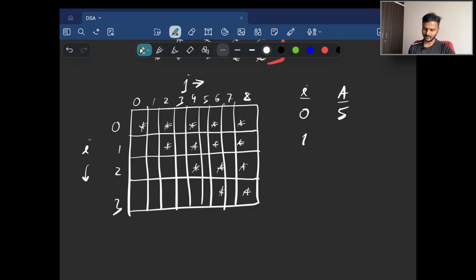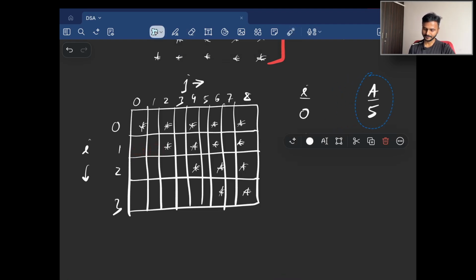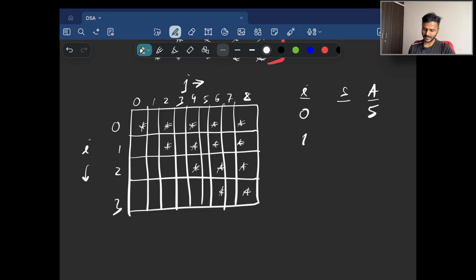Then when I is 1, we're first of all leaving some spaces, and then we are printing a few asterisks. So when I is 1, we are leaving 2 spaces and we are printing 4 asterisks. Now when I is 0, how many spaces did we leave? None. So we'll put 0 over here. Similarly, when I is 2, we are leaving 4 spaces and printing 3 asterisks.